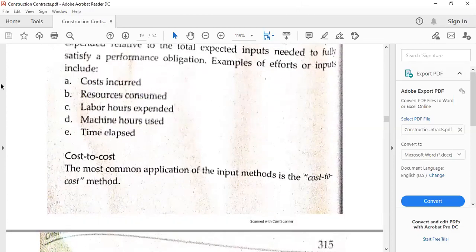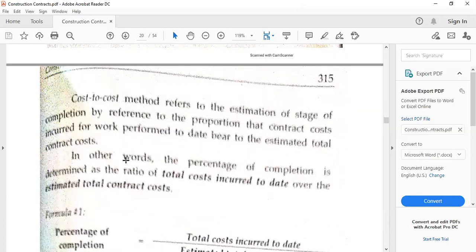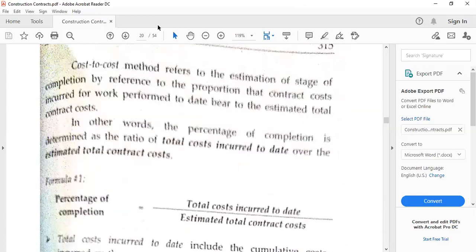Then we said that resources could be cost, could be labor hours, machine hours, and time elapsed. And the first one is the most common application of the input methods, which is the cost to cost. So for cost to cost, from the word itself, meaning to say the percentage is to be computed based on cost as numerator divided by the total cost as denominator.